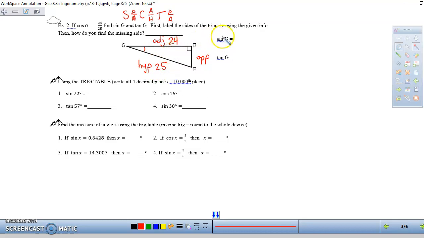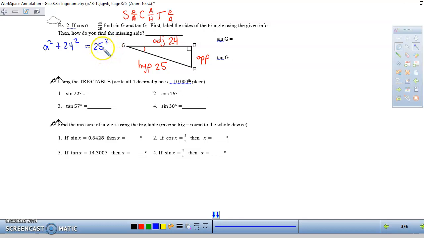Now, if I want to figure out the sine of G, I am going to have to know the opposite side. So here comes the Pythagorean theorem one more time. In this case, the 25 is your c squared. So I'm going to have a squared plus 24 squared equals 25 squared.